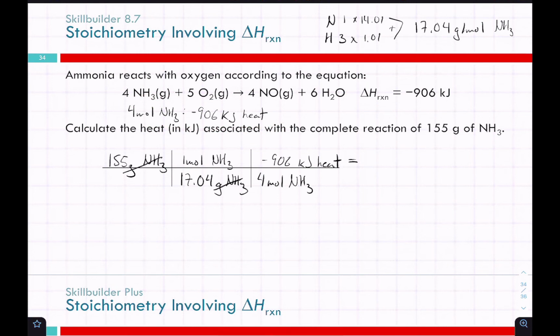Unit analysis: grams of ammonia cancels, moles of ammonia cancels, leaves us with kilojoules of heat. So 155 times negative 906 divided by 17.04 means that we are going to absorb 8.24 times 10 to the 3 kilojoules of heat.